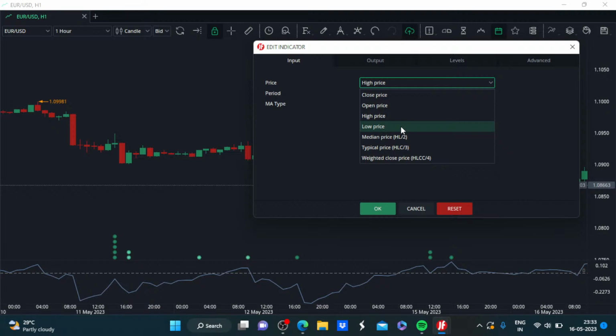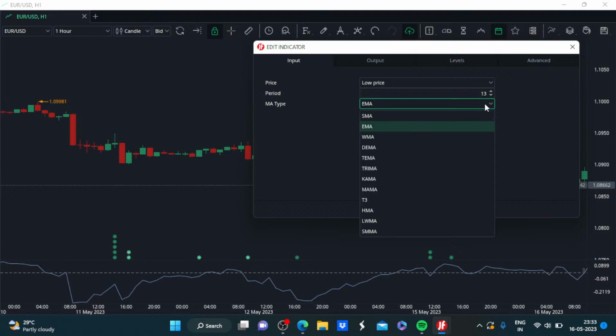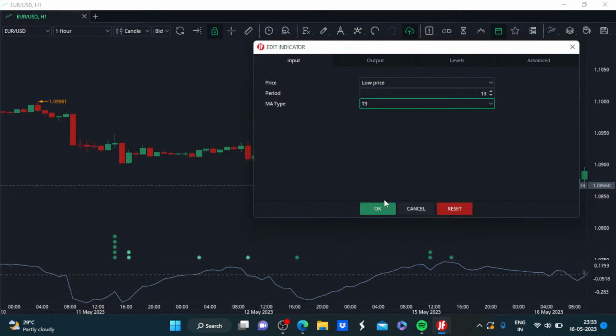As I said, you can always vary this calculation period. You can increase it, you can decrease it depending on what kind of time frame you are trading. You are free to choose your calculation period. We can also vary these different types of moving averages, and depending on the kind of moving average you use, you will have these output values varying as well.